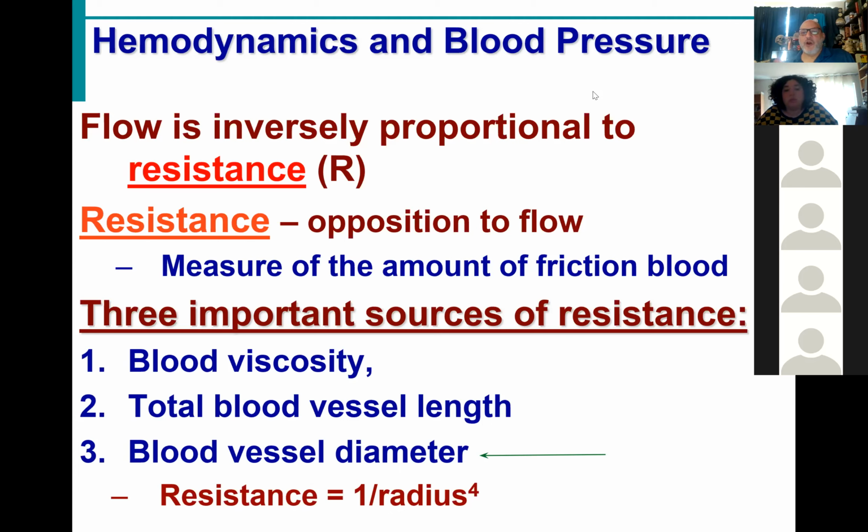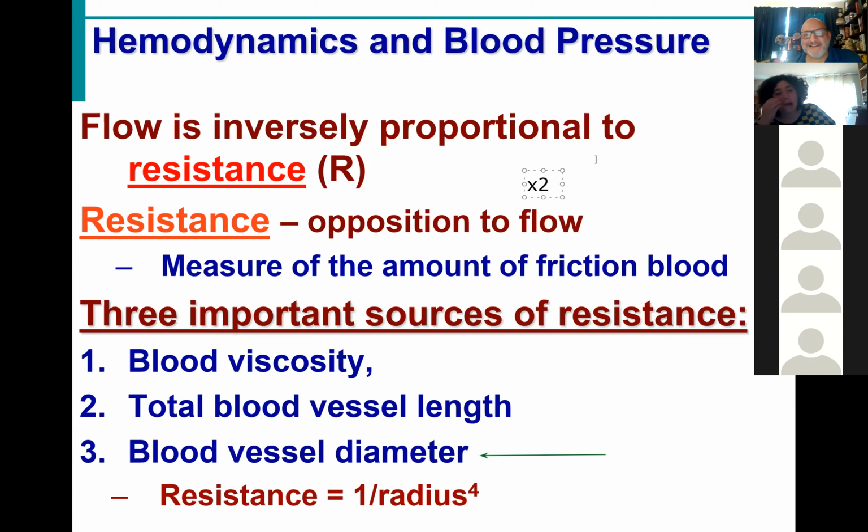So let's say, for argument's sake, you doubled the radius of your blood vessel. So you dilated and doubled it. What effect would that have on the resistance? It would get smaller. How much? 1 over 16. Yeah, 1/16, exactly.